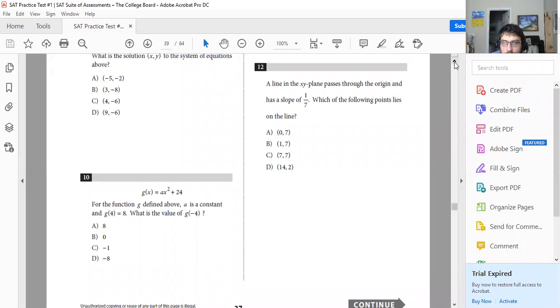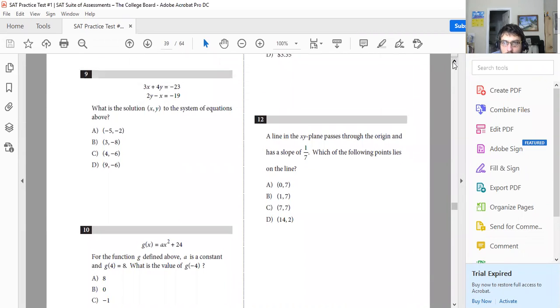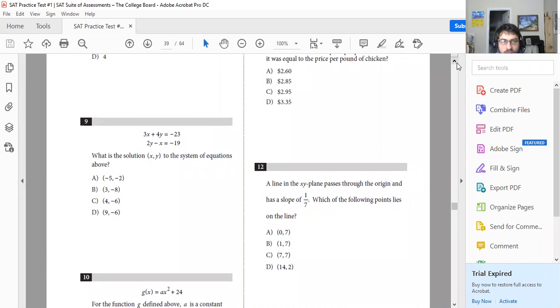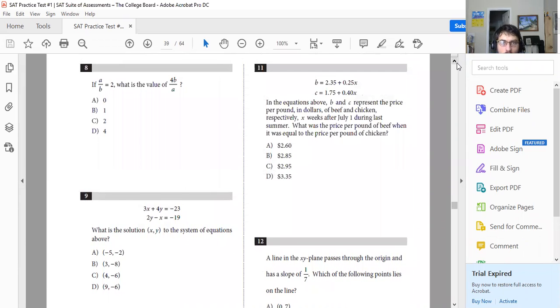Scroll back up to number 11. We have another system of equations. B and C represent the price per pound in dollars of beef and chicken, respectively, x weeks after July 1st during last summer.